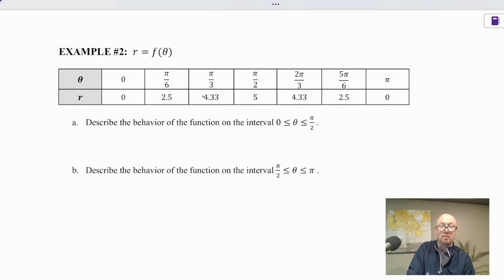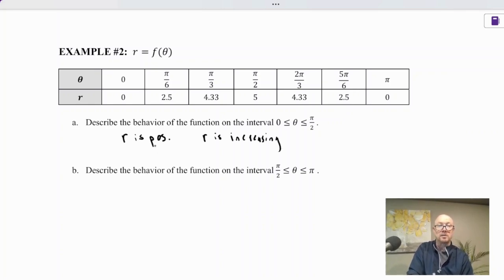So if we look from 0 to pi over 2, we can see that r is greater than 0. Okay? So in this case here, r is positive. And what do we see here? We go from 0 to 2.5 to 4.33 to 5. So that means the function is increasing, or r is increasing.